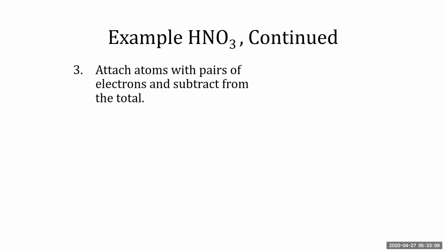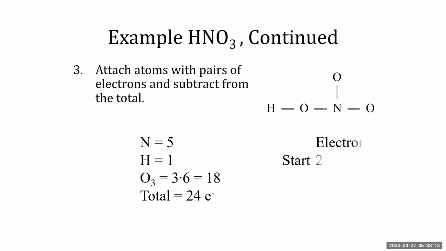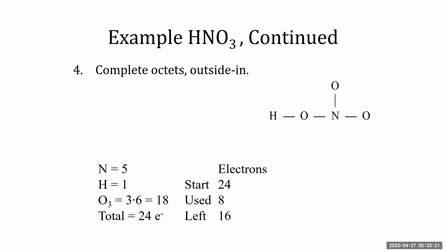Attach atoms with pairs of electrons and subtract from the total. There are 8 electrons used and 16 electrons left. Complete octets from outside or terminal atoms until an octet arrangement is attained.